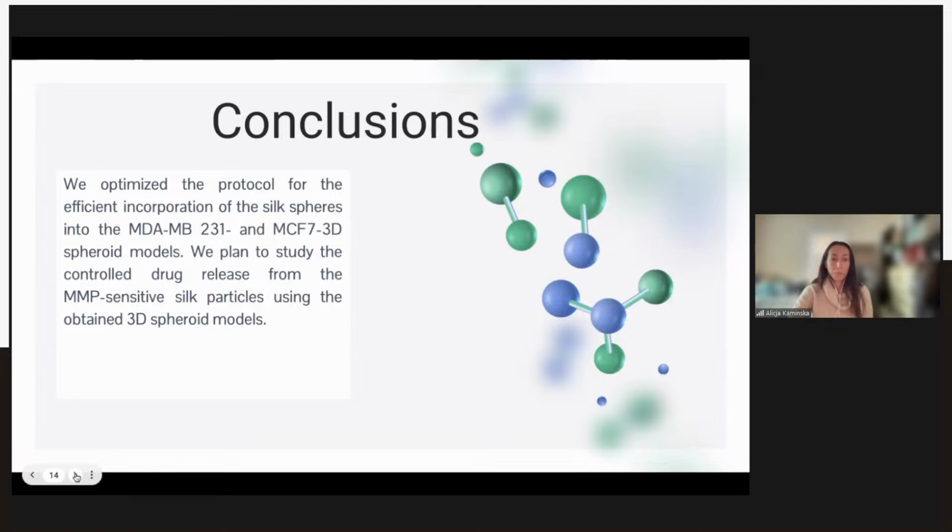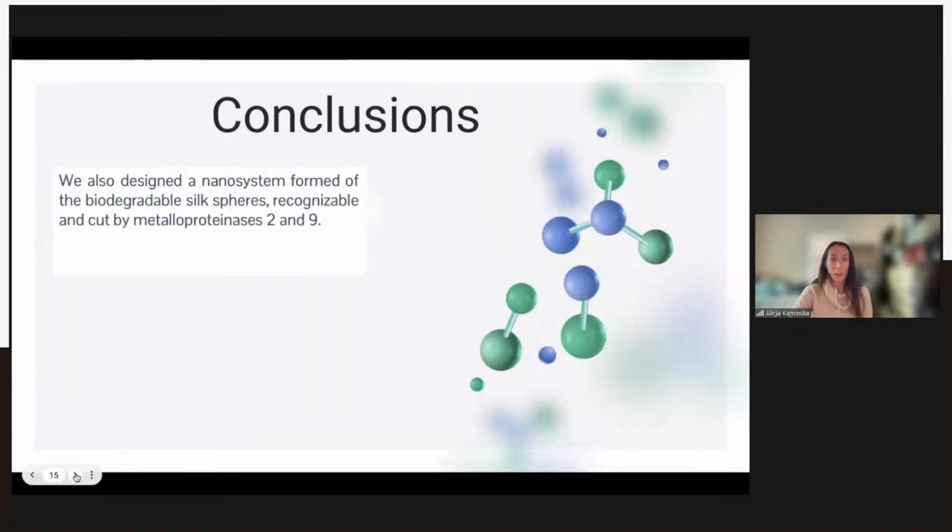In the future, we plan to study controlled drug release of other chemotherapeutic agents besides doxorubicin, and also start in vivo studies. The third conclusion is that we designed a nanosystem formed by biodegradable spheres, recognizable and cut by metalloproteinases, in our case specifically 2 and 9.